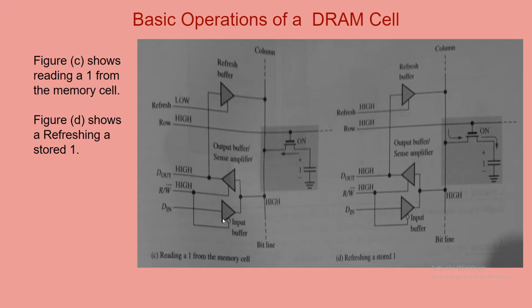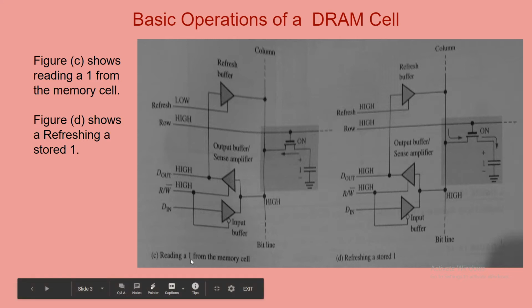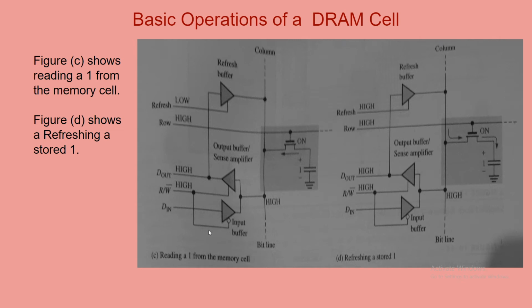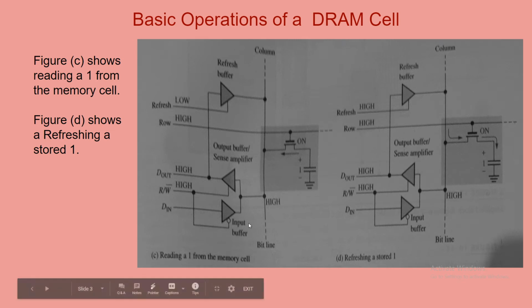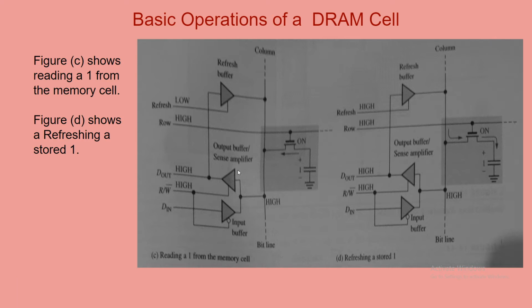Therefore the input buffer is disabled and the output buffer is enabled, because here the operation is reading. Therefore there is no need to connect input data to the bit line. This transistor should be enabled with the help of the row line. The row line should be high in order to switch on this transistor.